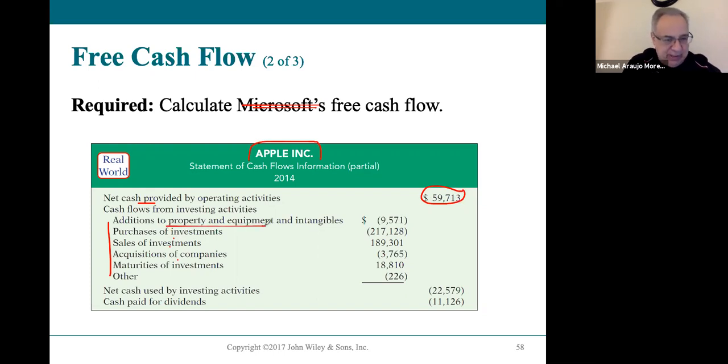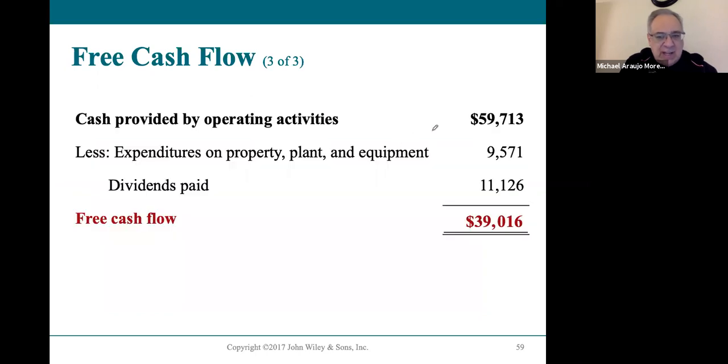Any capital expenditures, which is adding to property, plant, and equipment. So we're going to subtract out that number from that cash provided by operating activities. We're also going to subtract out the cash dividends. So when you do, what you're going to get is a free cash flow, when you take the difference, of 39,016.